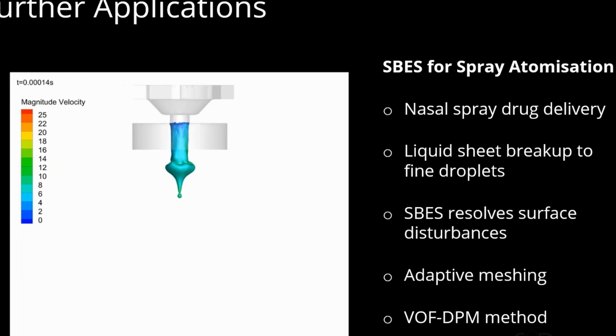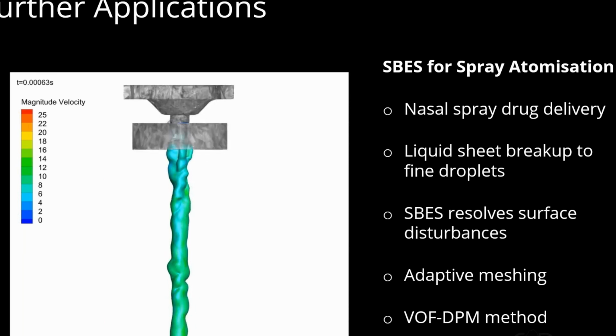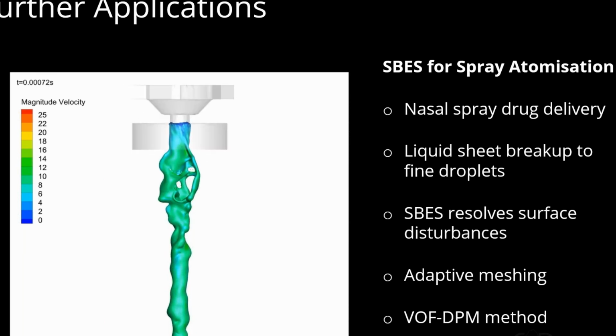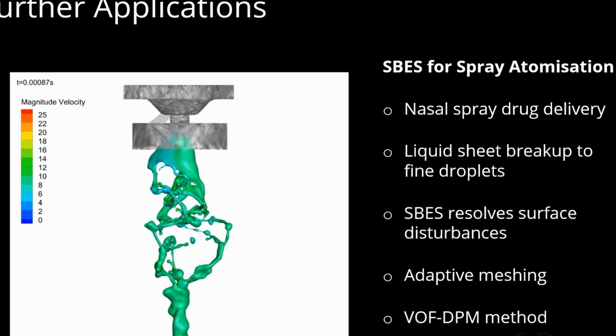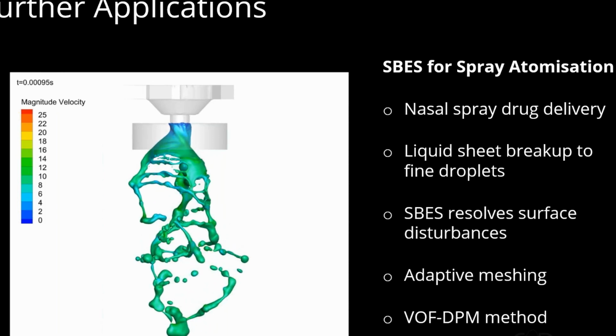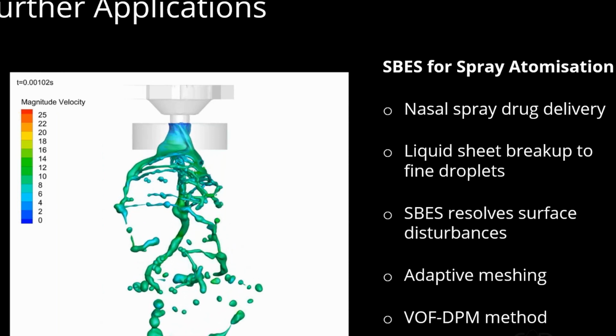Okay, so just my final two applications to quickly look at. Here we use the SBES model for spray atomization, and the application here is nasal drug delivery. We want to find out what the droplet size distribution is and its droplet velocities as it breaks up from a liquid sheet.